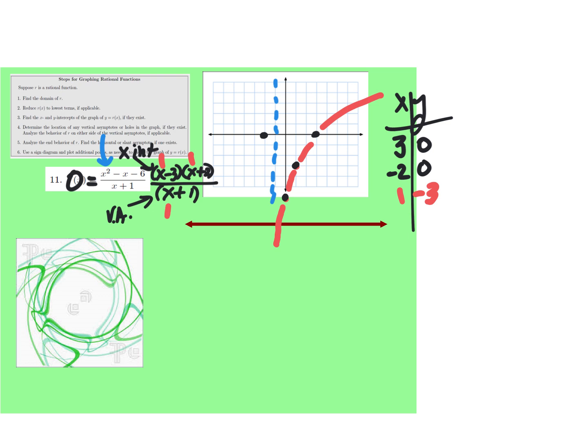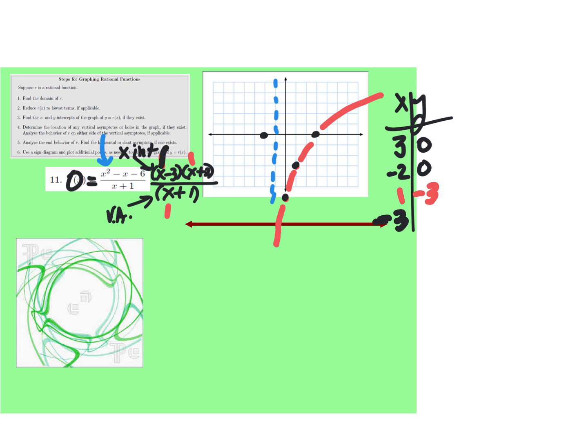You find a few more points? Jack T, give me another point that uses a negative x. Let's just do one together right now. Negative 3. All right, so let's put in negative 3.